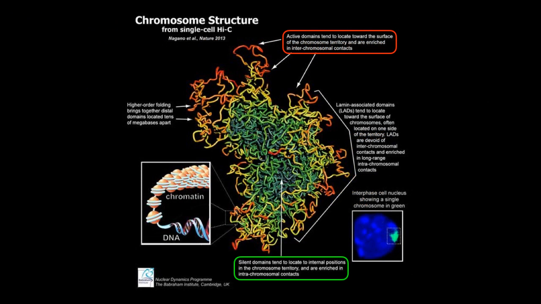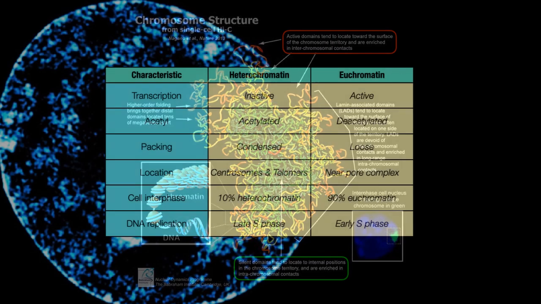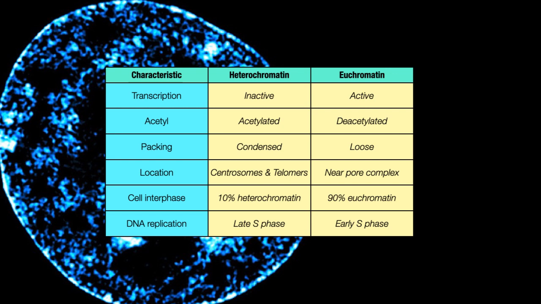Here you have an image of a chromosome with its different sections, but don't worry now, we will come back to this when we get to the cell division lecture. And here you have a table displaying the main differences between heterochromatin and euchromatin. Basically, the biggest difference is active and non-active, okay?